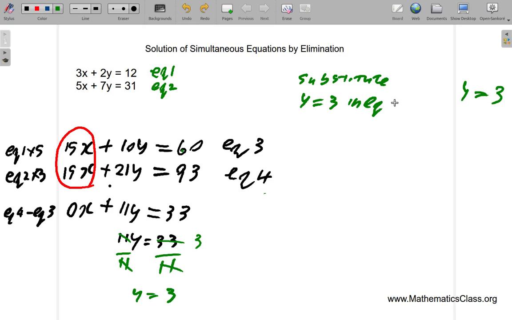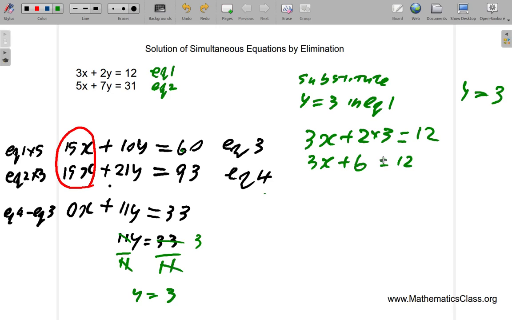Alright, let's use equation 1, because it seems to have smaller numbers, easier to work with. So we have 3x plus 2y, but y is 3, so it's 2 by 3. 2 times y means the same as 2 by 3 because y is 3. Equals 12. Alright, 3x plus 2 3s is 6 equals 12.